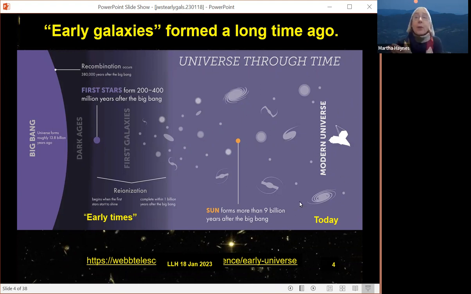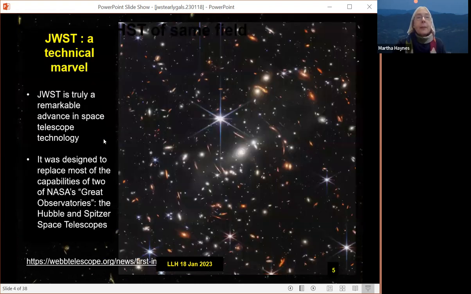In the meantime, 13.8 billion years of history has gone on, and one of the main things JWST is supposed to do is help us learn about that history. What we're talking about is early times, not the very beginning, but this epoch around 100 to 500 million years after the Big Bang, and we want to know what happened then.